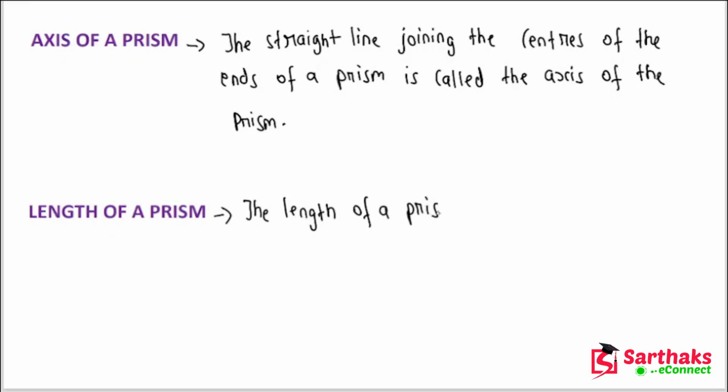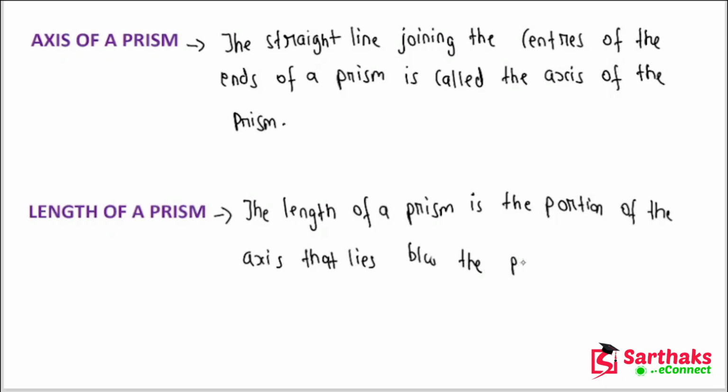The length of a prism is the portion of the axis that lies between the parallel ends, right? So the length of a prism is a portion of the axis that lies between the parallel ends.